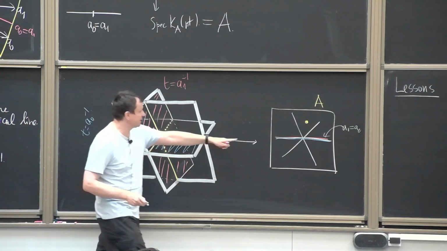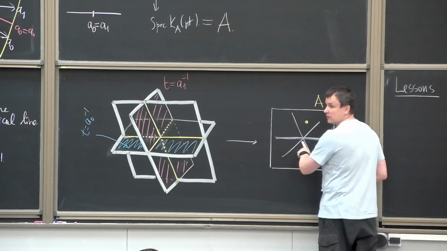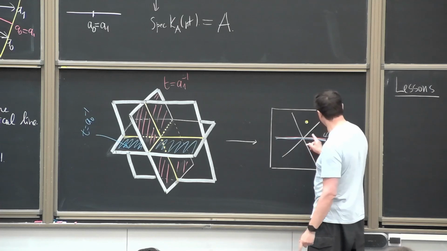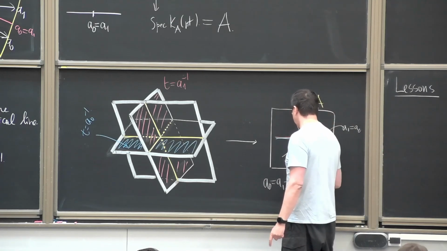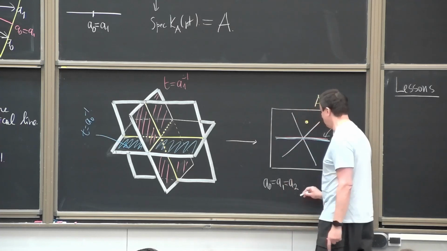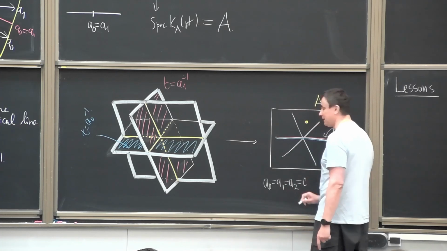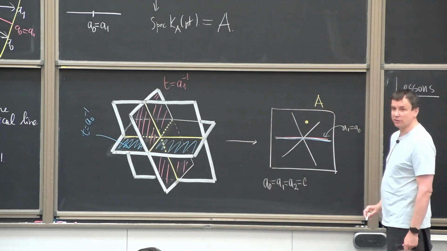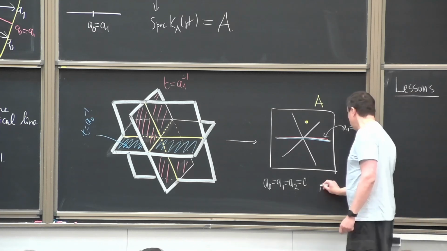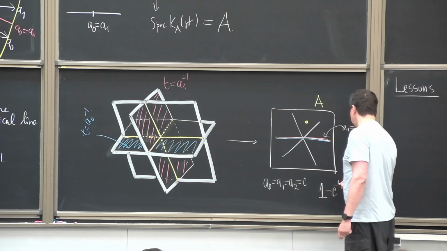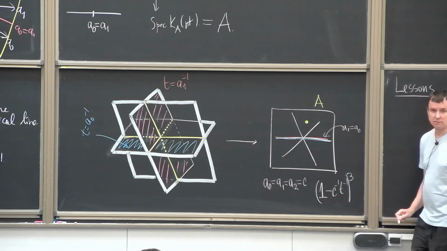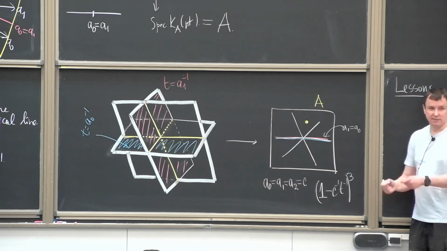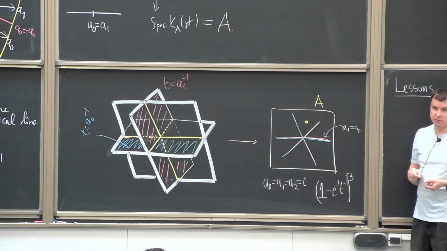Because if I look at this point, what does it mean? If all the a's are equal, a0 equals a1 equals a2, equals whatever constant, and I'm looking at the equation 1 minus this constant inverse t inverse, cubed, right? So this defines a triple point.